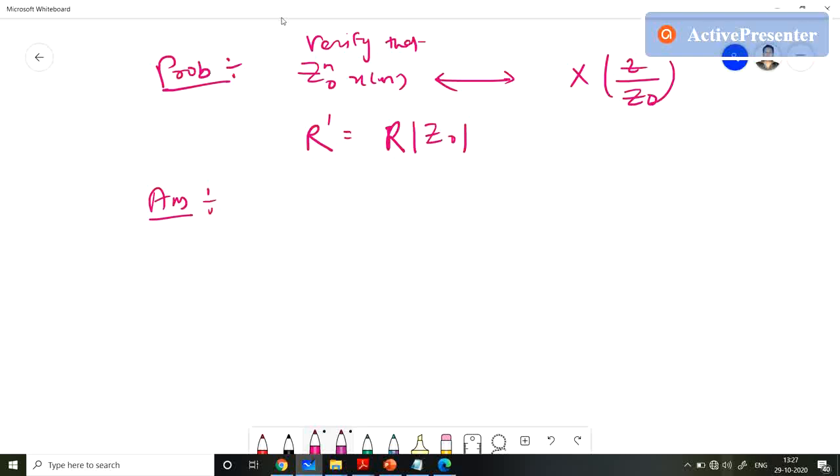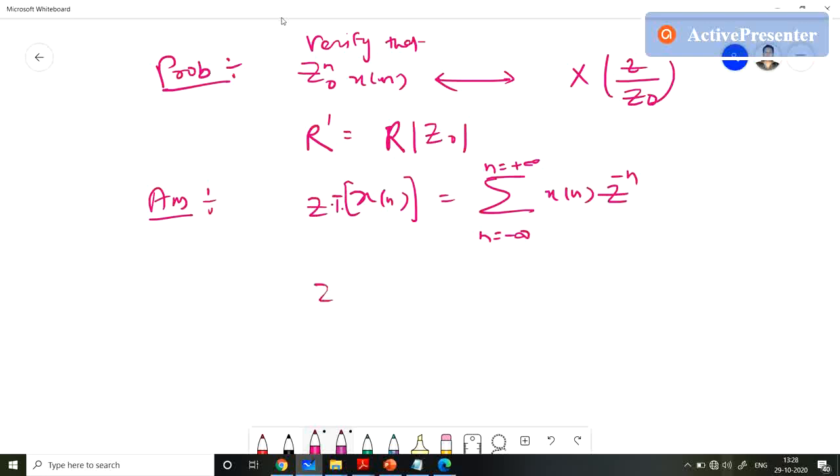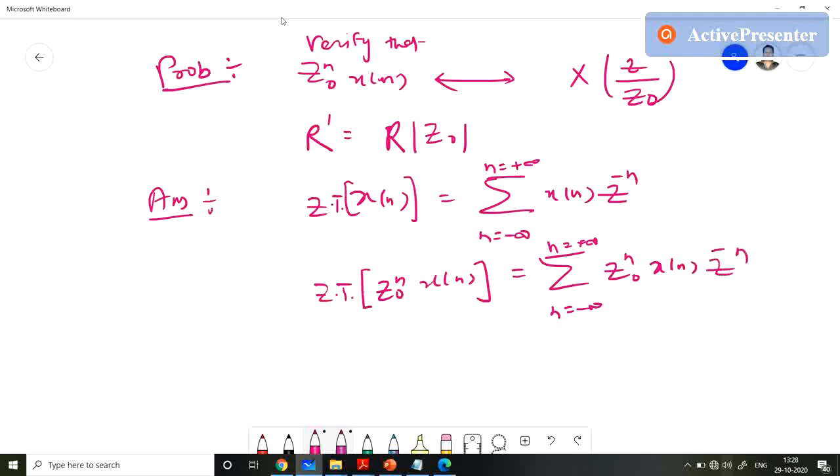So basically, if we have x[n], the z transform of x[n] is the summation from n equals minus infinity to plus infinity of x[n] z raised to the power minus n. So if we find the z transform of z0 raised to the power n times x[n], then it is the summation from n equals minus infinity to plus infinity of z0 raised to the power n x[n] z raised to the power minus n.